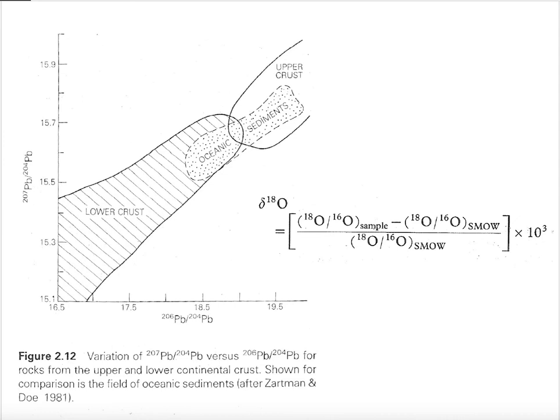Because the isotopic ratio of oxygen in the Earth's mantle, in the lower mantle or upper mantle, is quite different from that of the oceanic water.